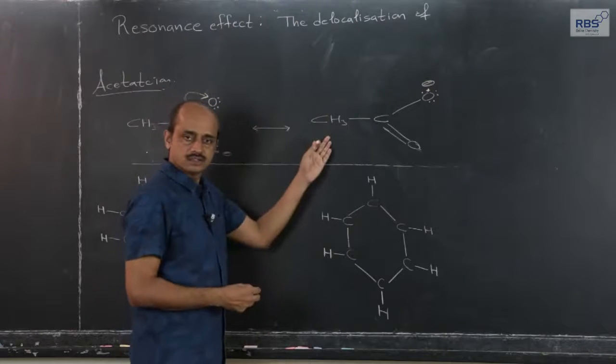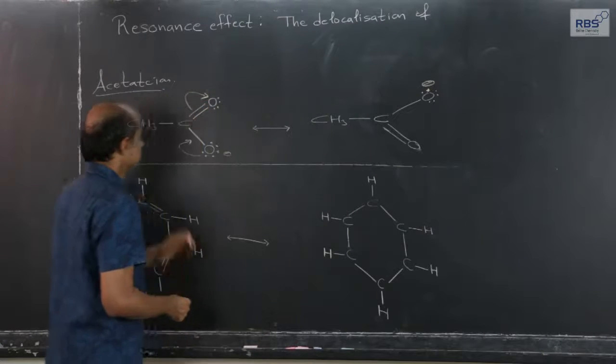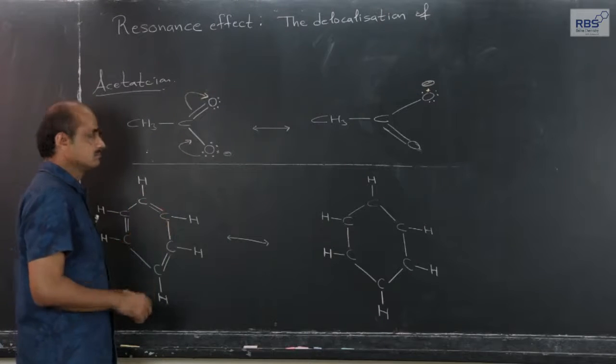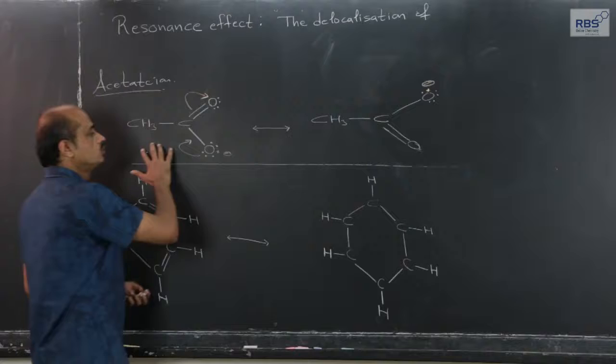Now, this is again acetate ion. So, acetate ion can be represented in two ways.